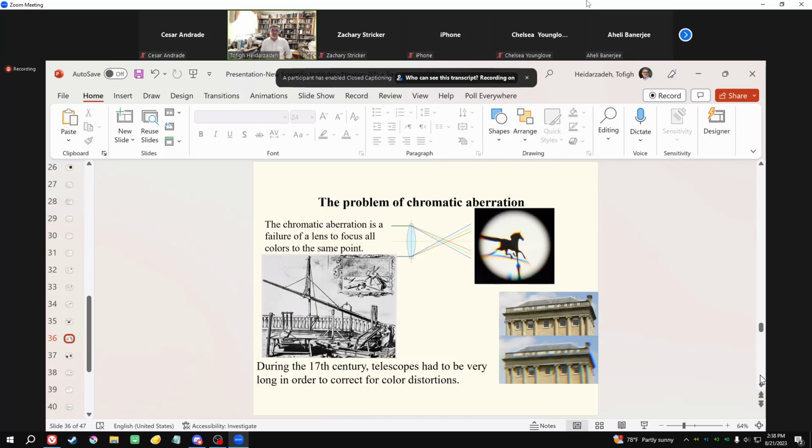Then in early telescopes, we had these colorful fringes around the image. To avoid that, they made telescopes very, very long, with a very long focal length of the objective lens, to make these colorful fringes close to each other. It didn't work. It was very difficult.